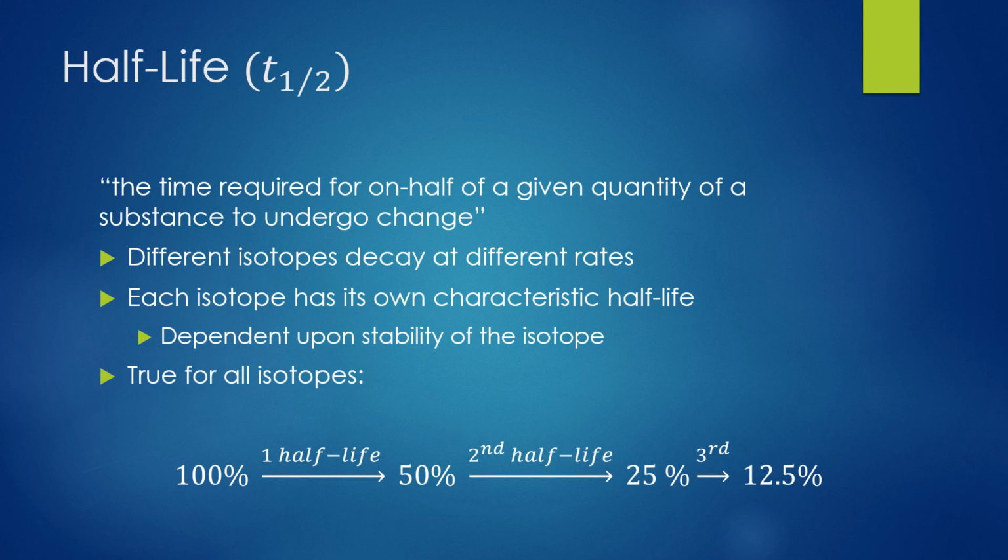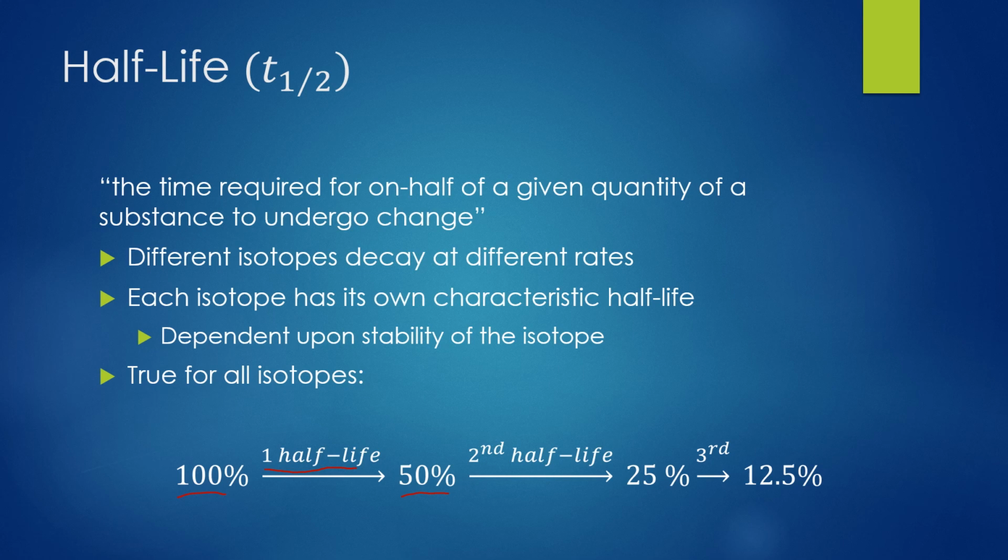But what's true for all isotopes is that if you have 100% of material, when you go through one half-life, by definition, that's when half of the material has undergone change. So half of 100, that means you're left with 50% after one half-life. If you have a second half-life, you're going to lose half of what was left. So you have 50%.